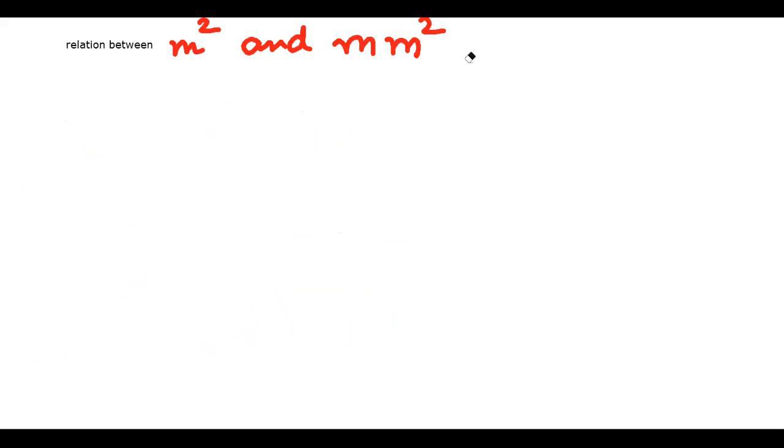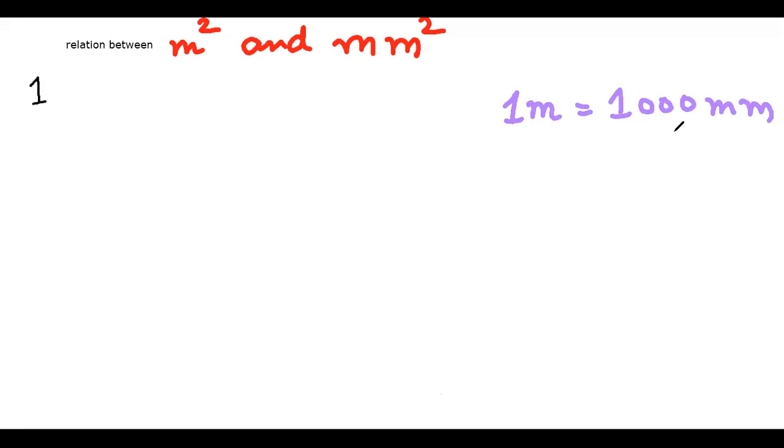Children, first of all, the basic conversion should be known to you. 1 meter has 1000 millimeter. And thus, let us study how to write the relation further.